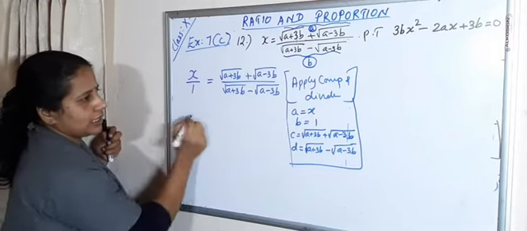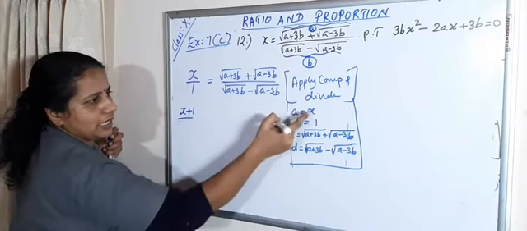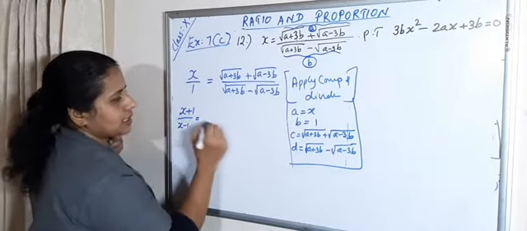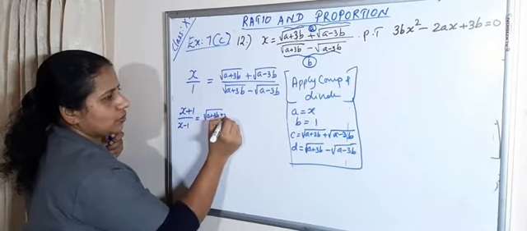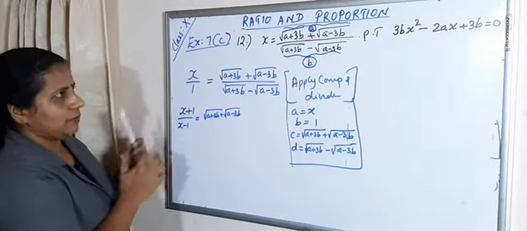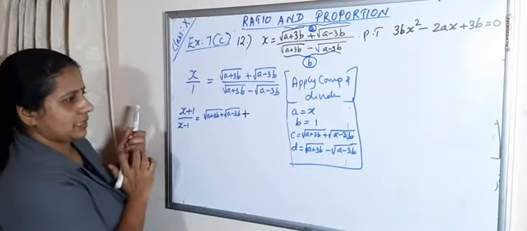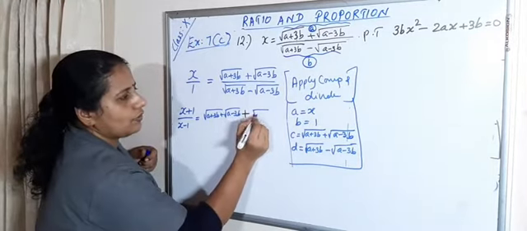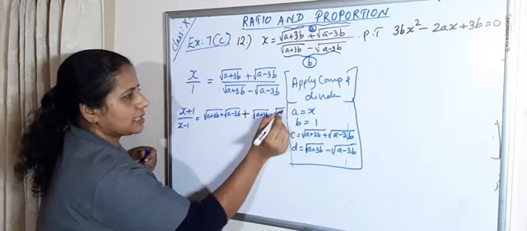these terms. Okay, that is a plus b means x plus 1 by a minus b, x minus 1 is equal to c plus d, that is root of a plus 3b plus root of a minus 3b is the first term c, then plus d, this is c, and d is root of a plus 3b minus root of a minus 3b.